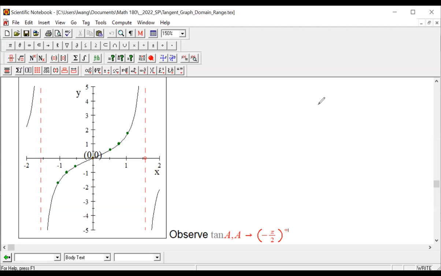I know you have to be very careful with what we're doing. I should use orange color because orange represents arc length. We'll try to be consistent in the whole course. So you can see we're approaching negative pi over 2 from larger than negative pi over 2.